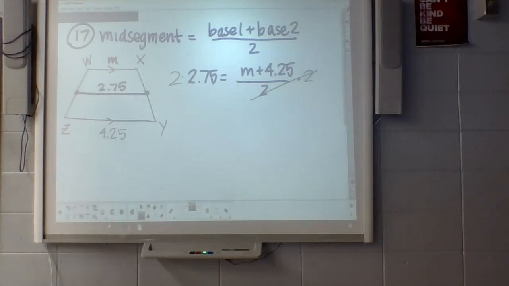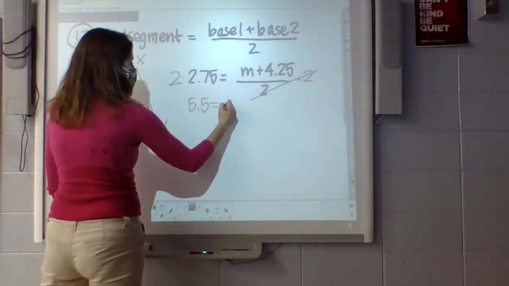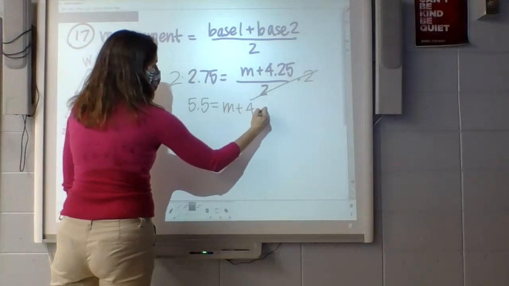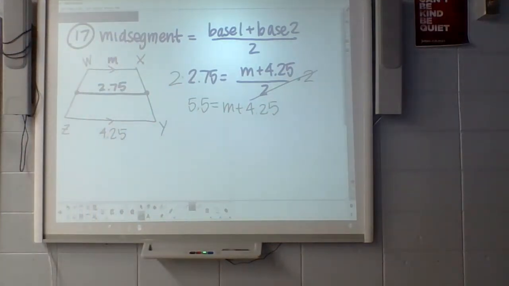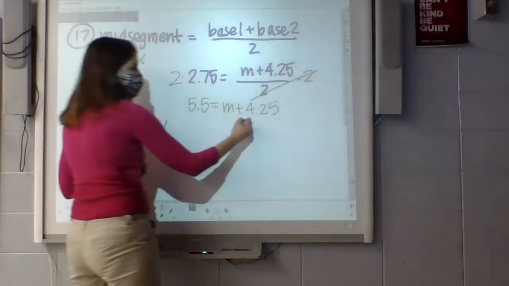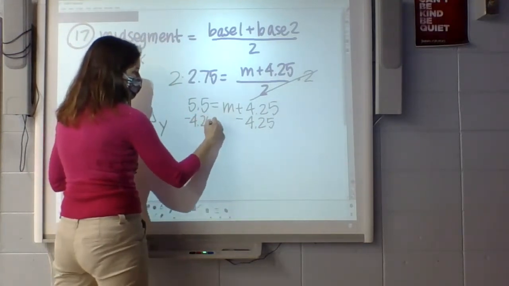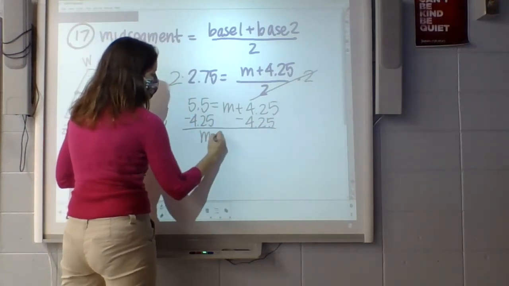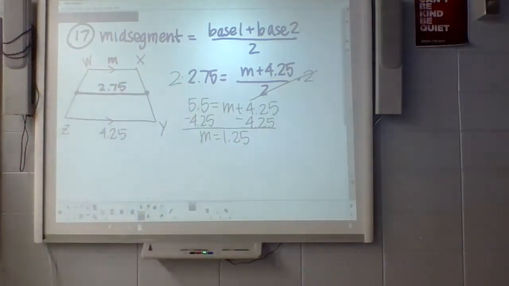I believe. I think so. And then to get the base alone, we would subtract this. So I believe we should get 1.25 if I did the multiplication correctly back up there.